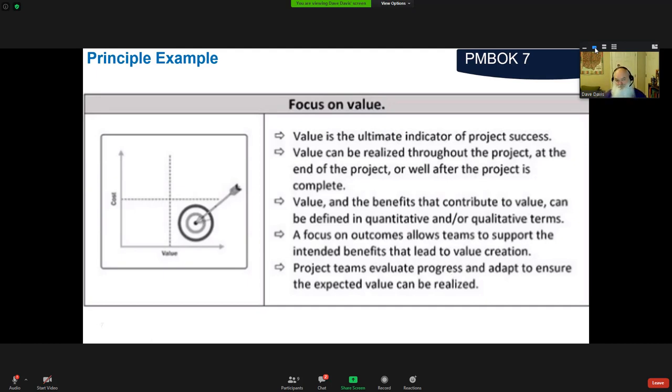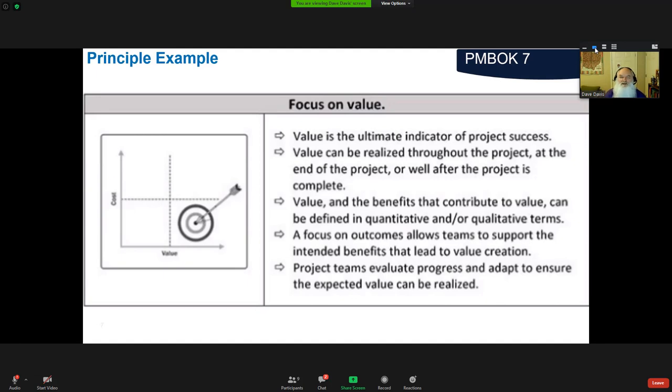A principle: we're not focused on wasting resources. We're not focused on developing things that nobody needs. We're focused on delivering value. And that drives back to the project manager: the skill set required to identify value, to quantify and prioritize based on value, and to make sure the team can do that.